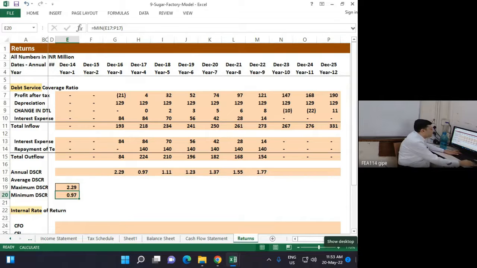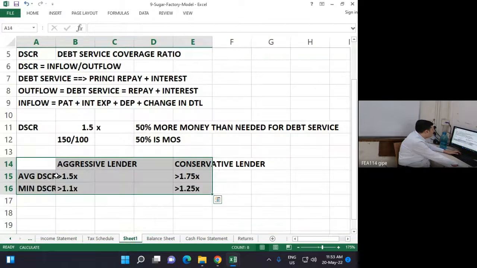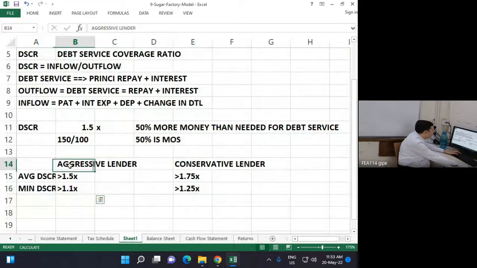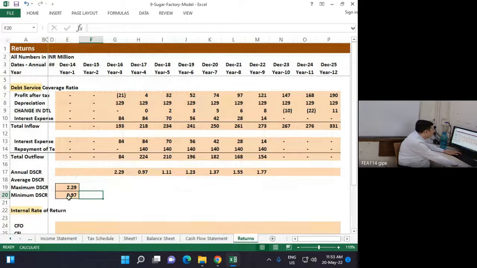And what you observe here is minimum DSCR is less than what my criteria was. Minimum DSCR कितना चाहिए था? Even for the aggressive lender you wanted 1.1, but you are having only 0.97. What does 0.97 mean? Means 100 is what you have to pay to the bank, and you only have 97 rupees to pay. तो 3 रुपए कहाँ से आएंगे?